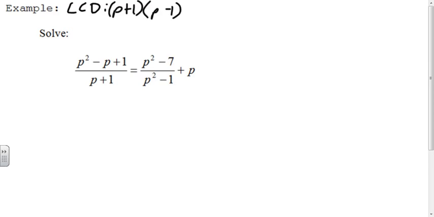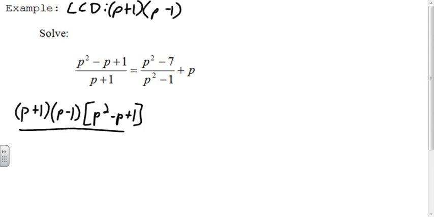So we would say then, start over here, p plus 1, p minus 1, times the original part was p squared minus p plus 1, all over p plus 1. That's our left side of the equation.